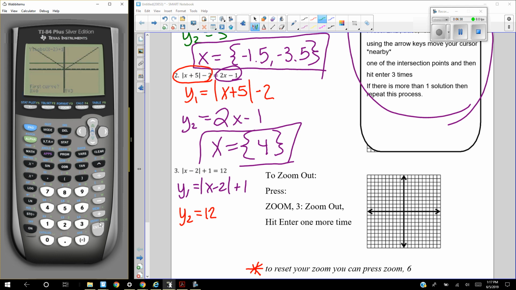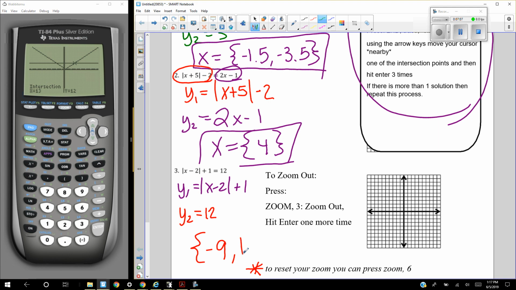So second trace number 5, take your little bug close to one of the intersection points, hit enter 3 times, you get -9 as one solution. And second trace number 5, and move your bug close to the other intersection point, hit enter 3 times, and you get your other solution.